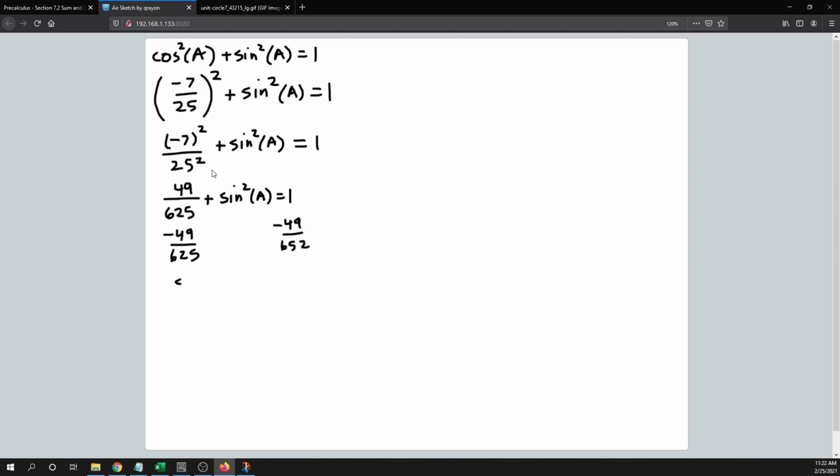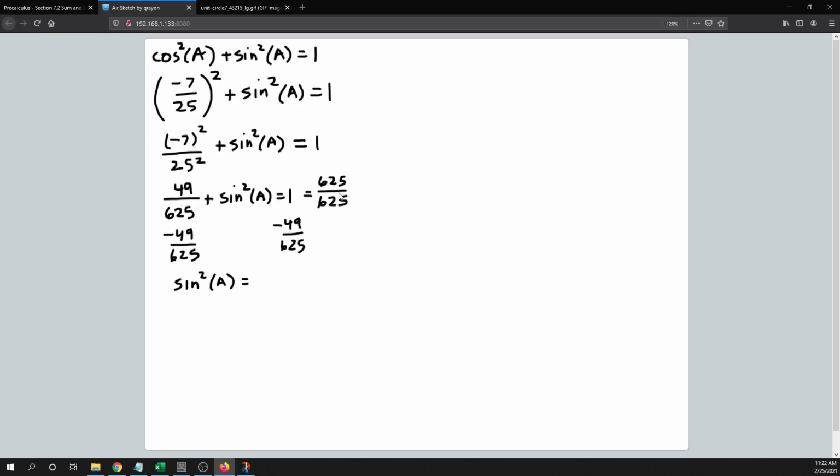So on the left side, I'll get sine squared A equals, all right, oops, I wrote that backwards, sorry. All right, and then I need to subtract 49/625 from 1. So I need a common denominator. Of course, that is going to be 625. Right, so 1 is equal to 625/625. And then now I need to subtract these two fractions.